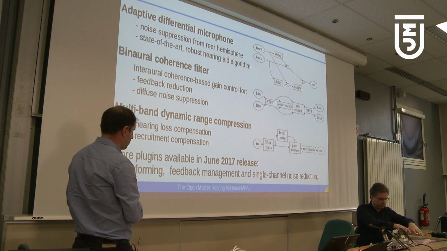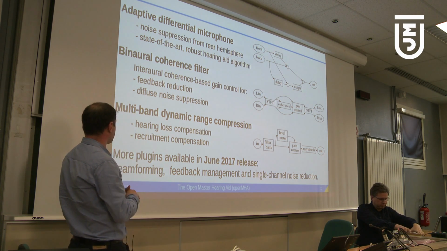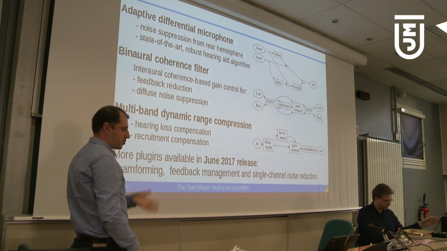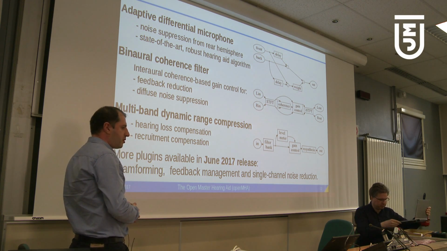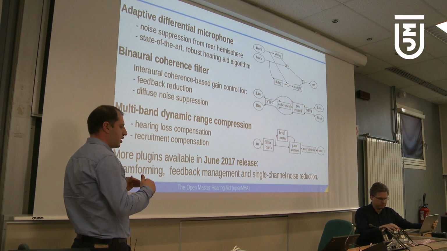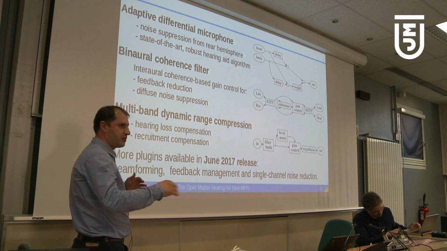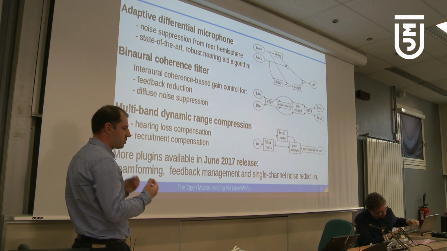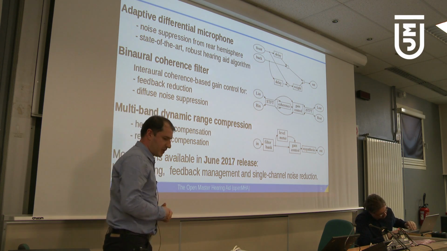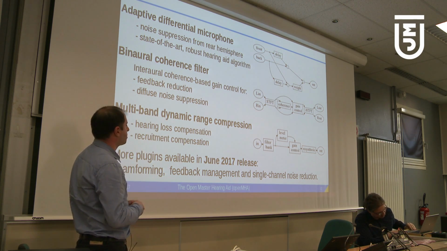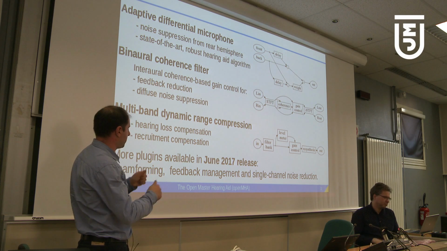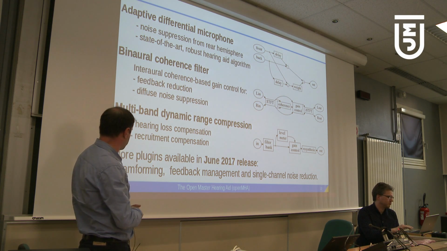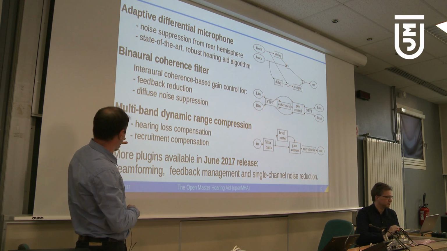Another crucial algorithm which is included is the so-called dynamic range compression. As was mentioned, for hearing impaired persons, applying just a linear gain of course doesn't work. So one needs an adjustable, frequency-dependent gain control and gain rules, which in this case address two issues.